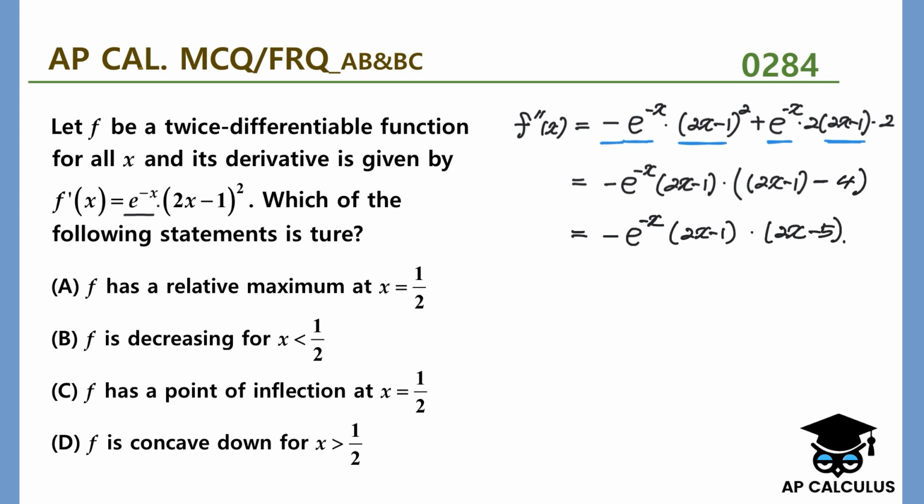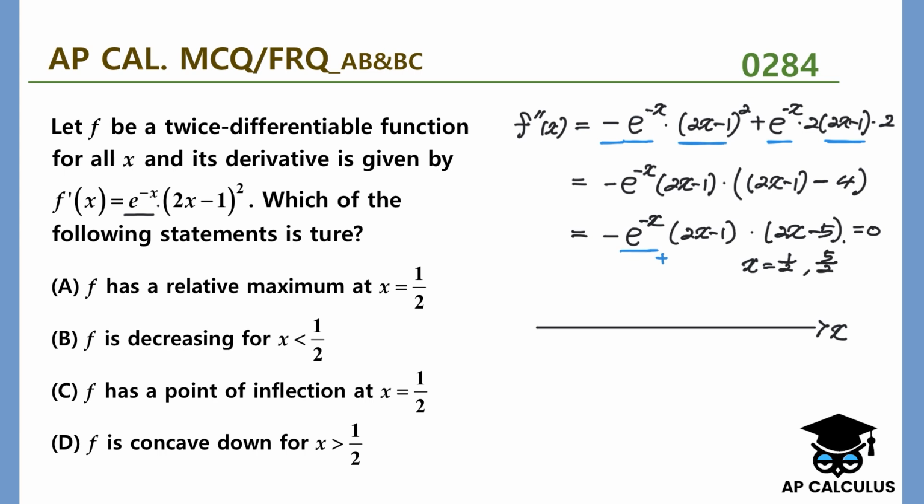So let's test the first derivative test and concavity test. Okay, here we have an x number line. Remember, the exponential is always positive, never equal to 0. So the second derivative is equal to 0 when x is 1/2 and x is 5/2, right?